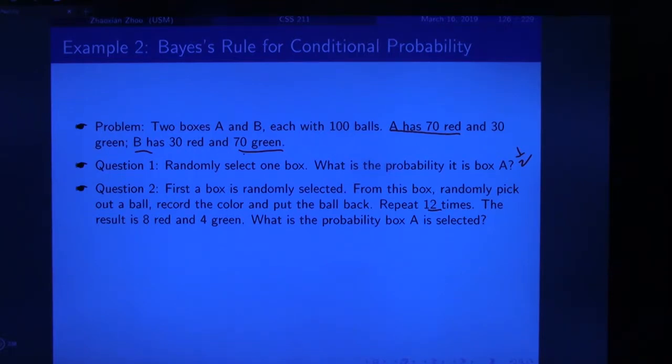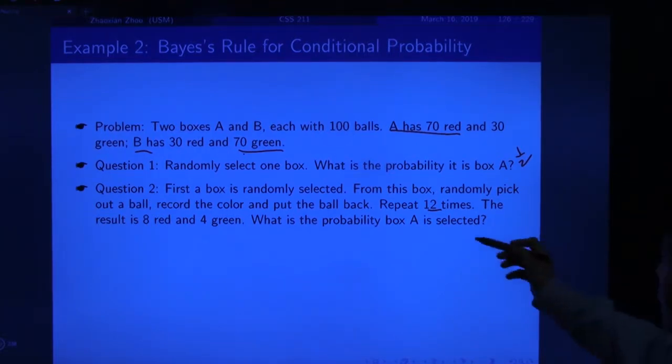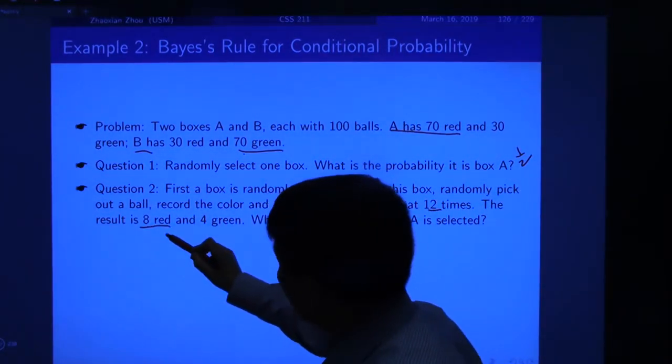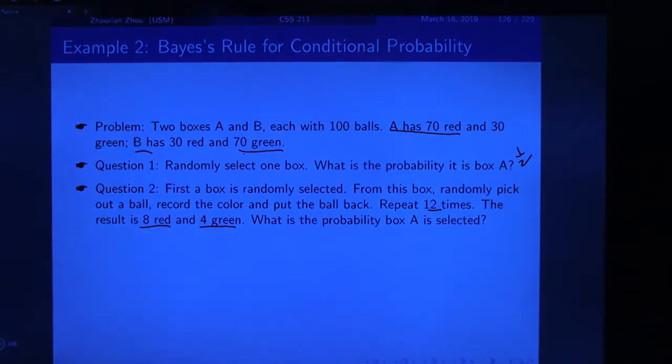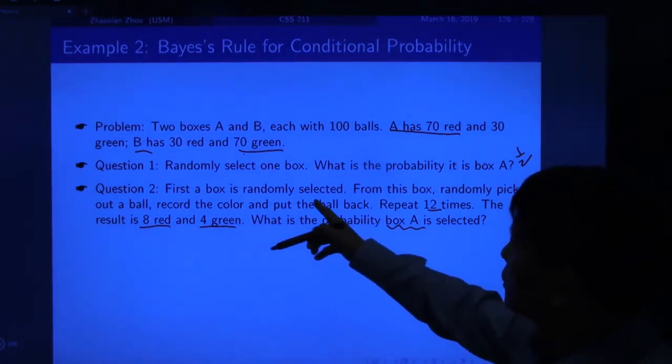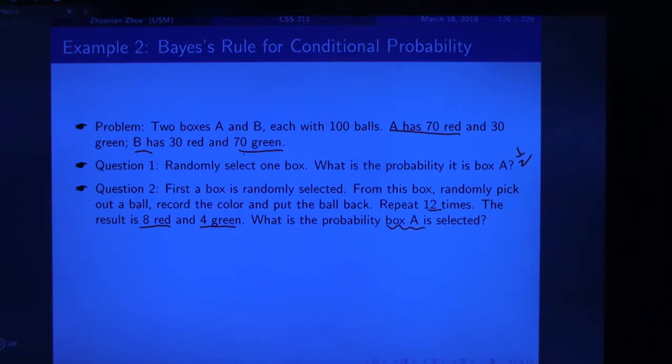So we do this 12 times, and you have 12 balls. And we found out that we have 8 red, 4 green. All those are given numbers. These are the facts. The question is, what is the probability that the chosen box is A?